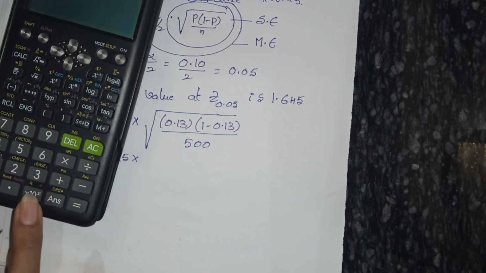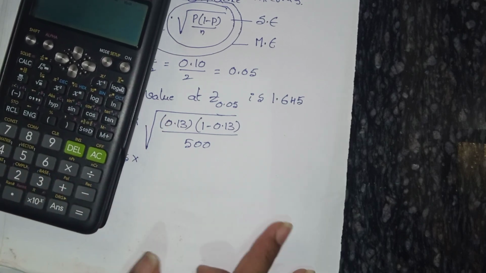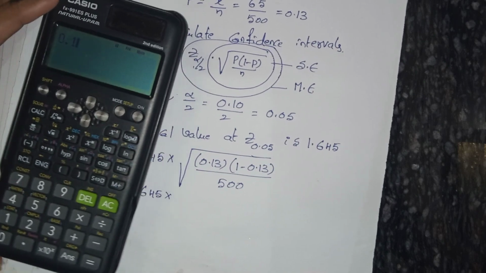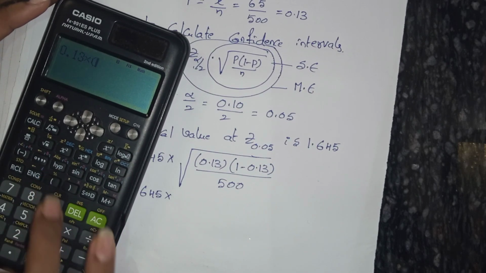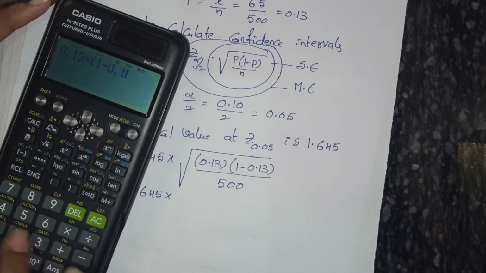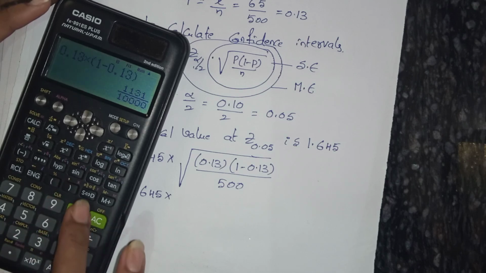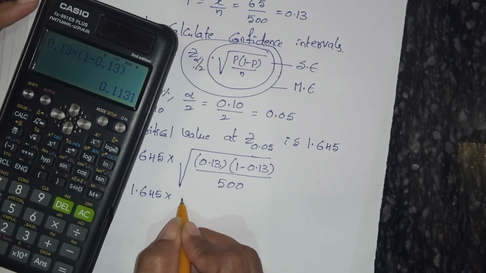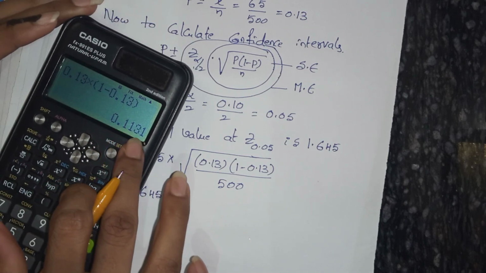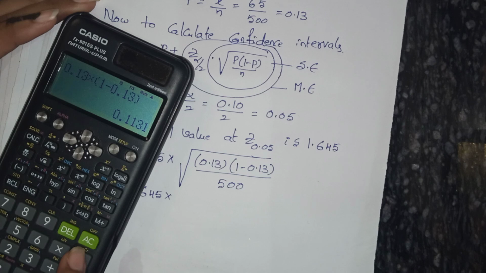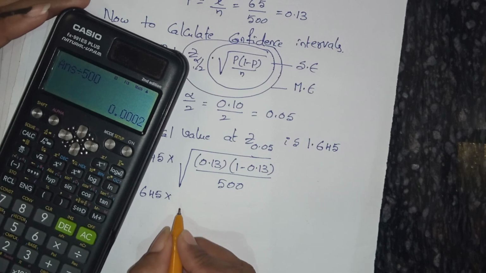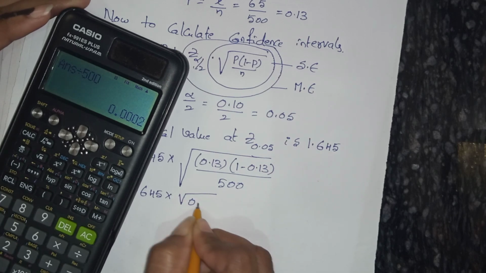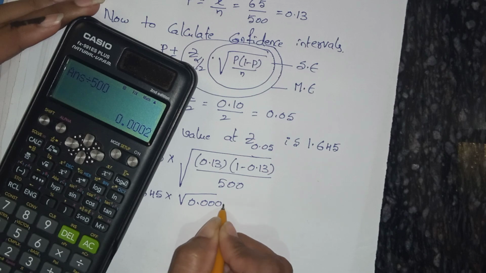So that equals 1.645 into the square root of 0.13 into 1 minus 0.13. That equals 0.1131 divided by 500, so the square root of 0.0002.